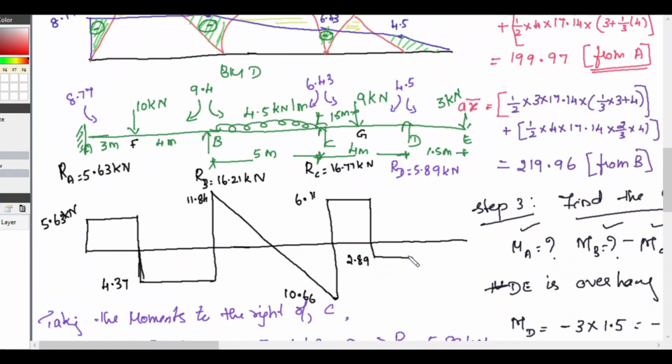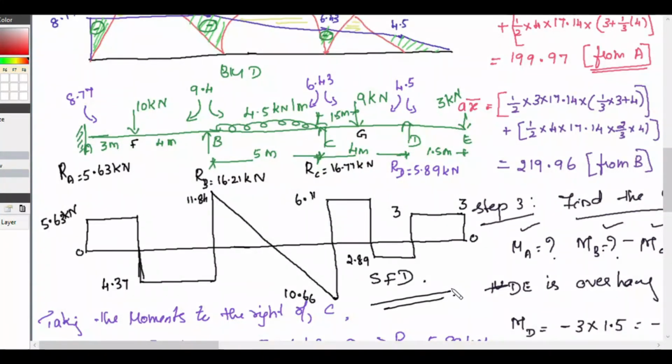At D we have minus 5.89, so it is minus 2.89 plus 5.89. It is 3. Up to E we do not have any load. At E we have a 3 kilonewton load. So 3 minus 3 it is 0. So this is our shear force diagram.